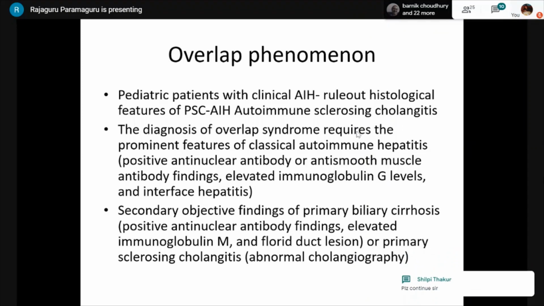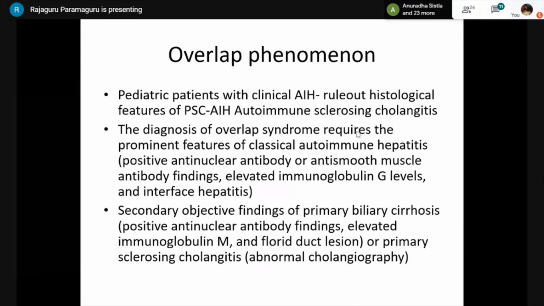So in pediatric patients, if the patient is clinically AIH, and histologically also you're finding features of AIH, you have to look for features of primary sclerosing cholangitis, because in pediatrics there is a condition called autoimmune sclerosing cholangitis, and more patients of clinical AIH will show some features of primary sclerosing cholangitis as well.